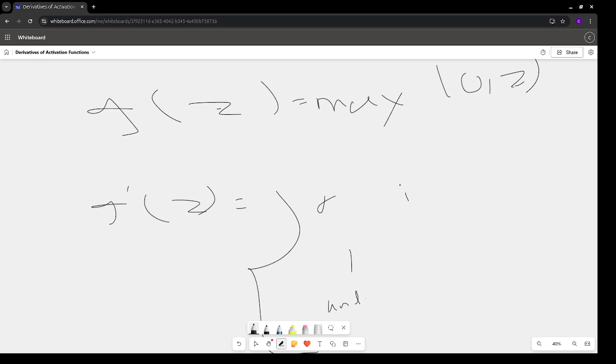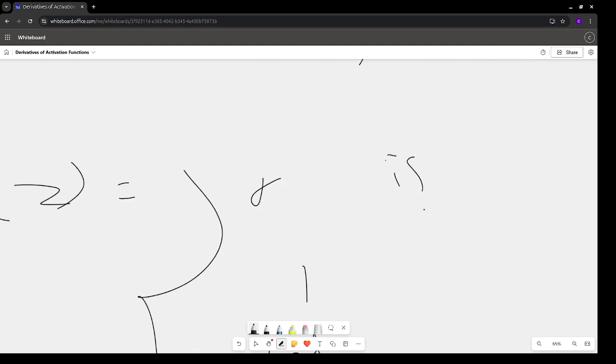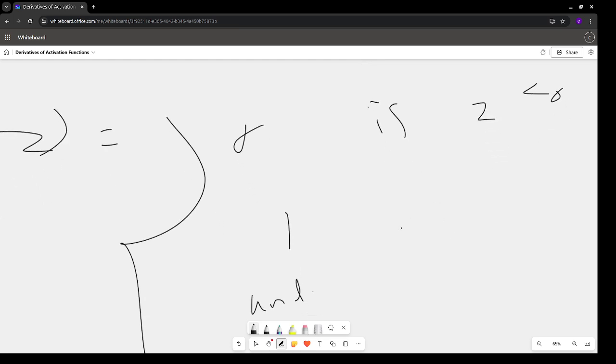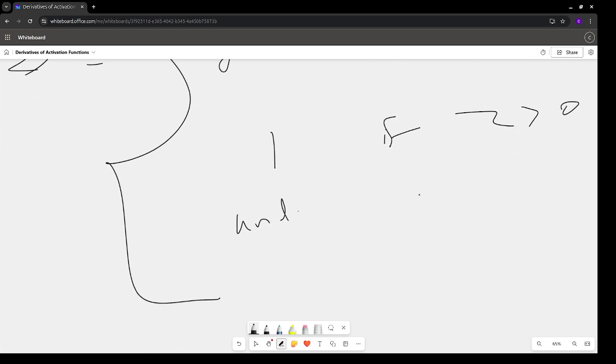This is if z is less than 0, this is if z is greater than 0, and this is if z is equal to 0, right?